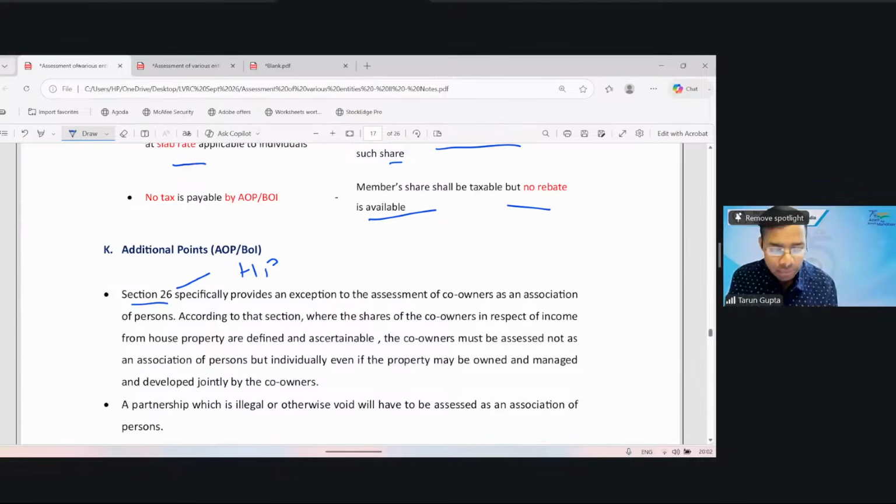Section 26 specifically provides an exception to the assessment of co-owners as an AOP. According to that section, where the share of co-owner in respect of income are definite, the co-owners must be assessed not as AOP, but individually, even if the property may be owned, managed, and developed jointly by the co-owners.